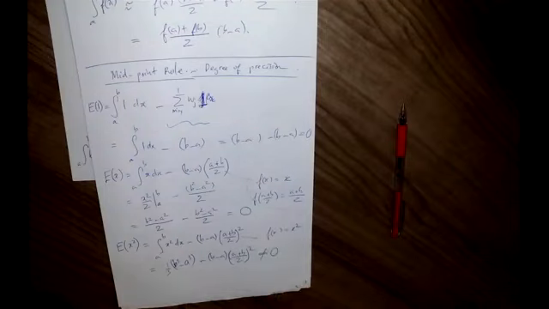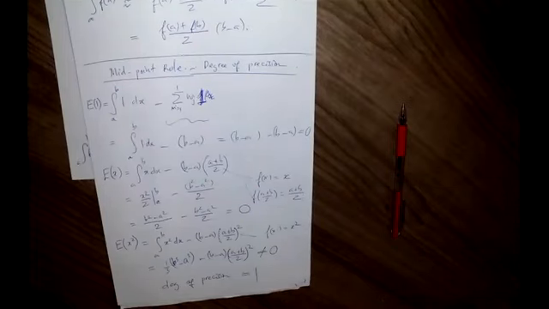So then I say that the degree of precision of the midpoint rule is just equal to 1. By definition, you have E of 1 equals 0, E of x equals 0, but E of x squared is non-zero. So therefore the degree of precision is just 1 for the midpoint rule.